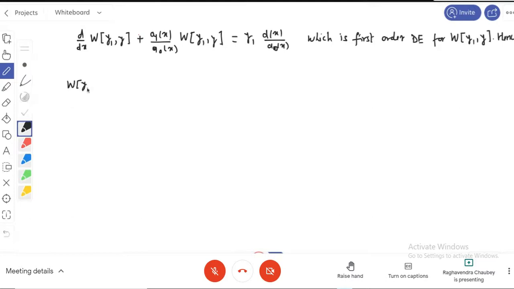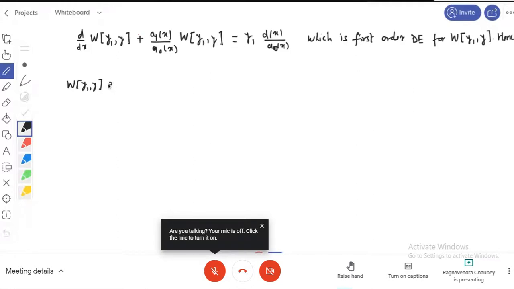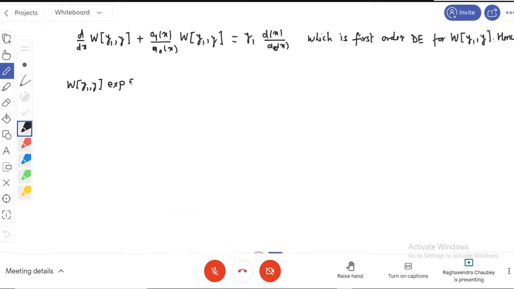The Wronskian of y1 and y. The integrating factor is the exponential of the integral of p dx.